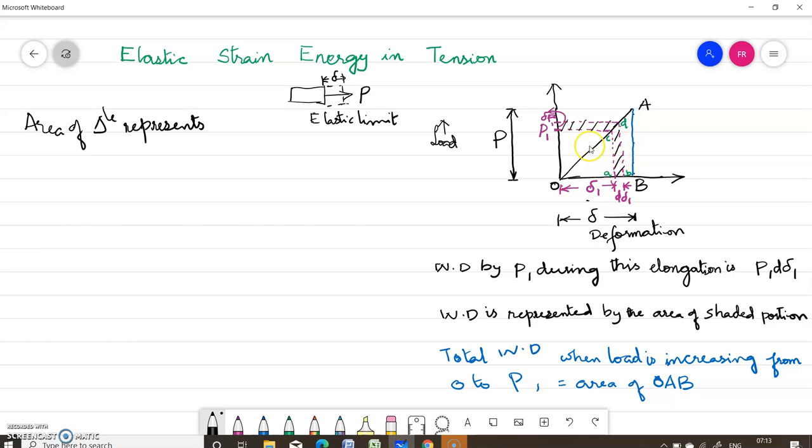If we take the increment as very small, we can take the area, providing a small allowance for the increase of P1 during the elongation.